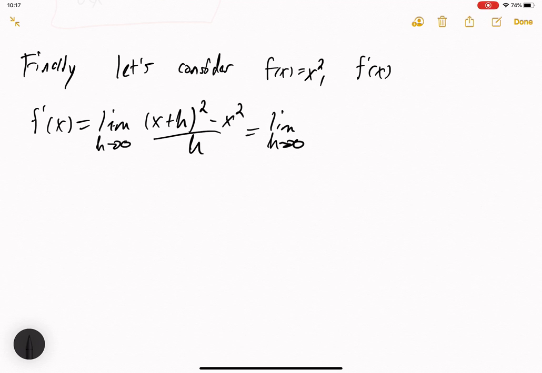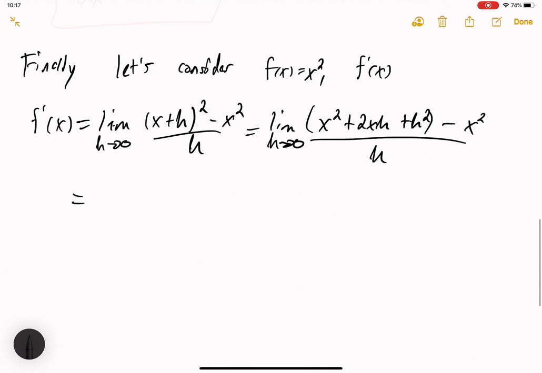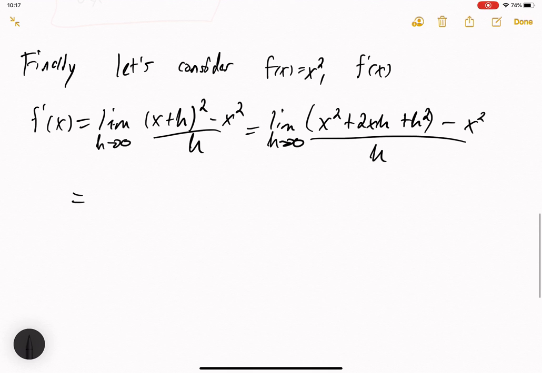Which is equal to the limit as h goes to 0 of x squared plus 2xh plus h squared minus x squared, divided by h. And then we have some terms that will cancel. Namely, the x squared terms cancel, leaving you with just 2xh plus h squared divided by h.